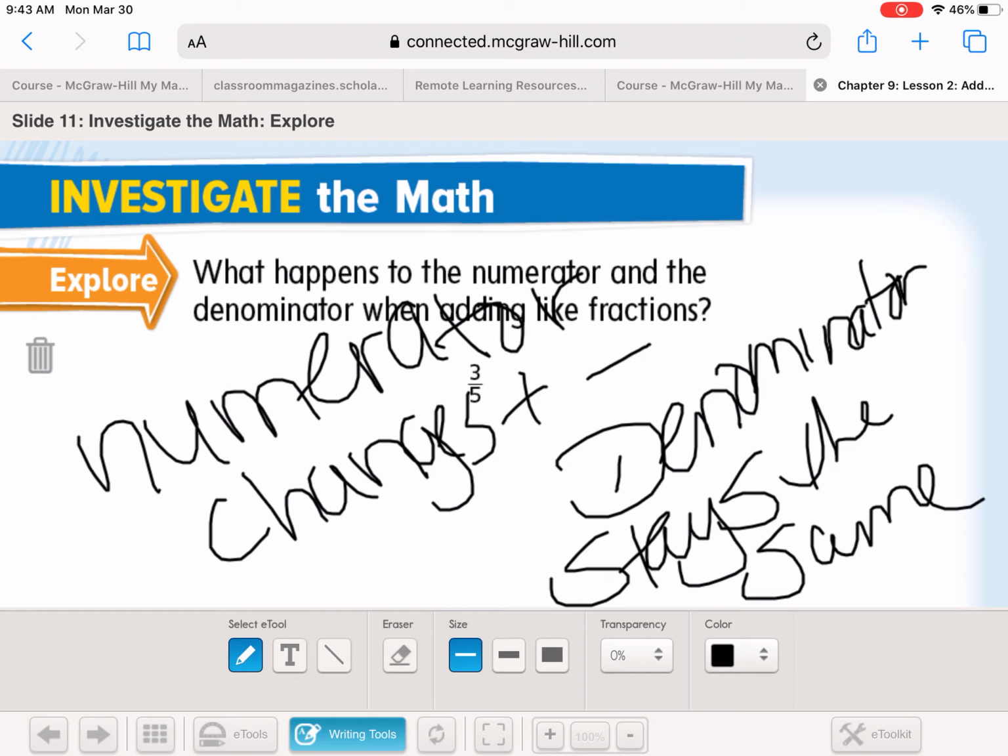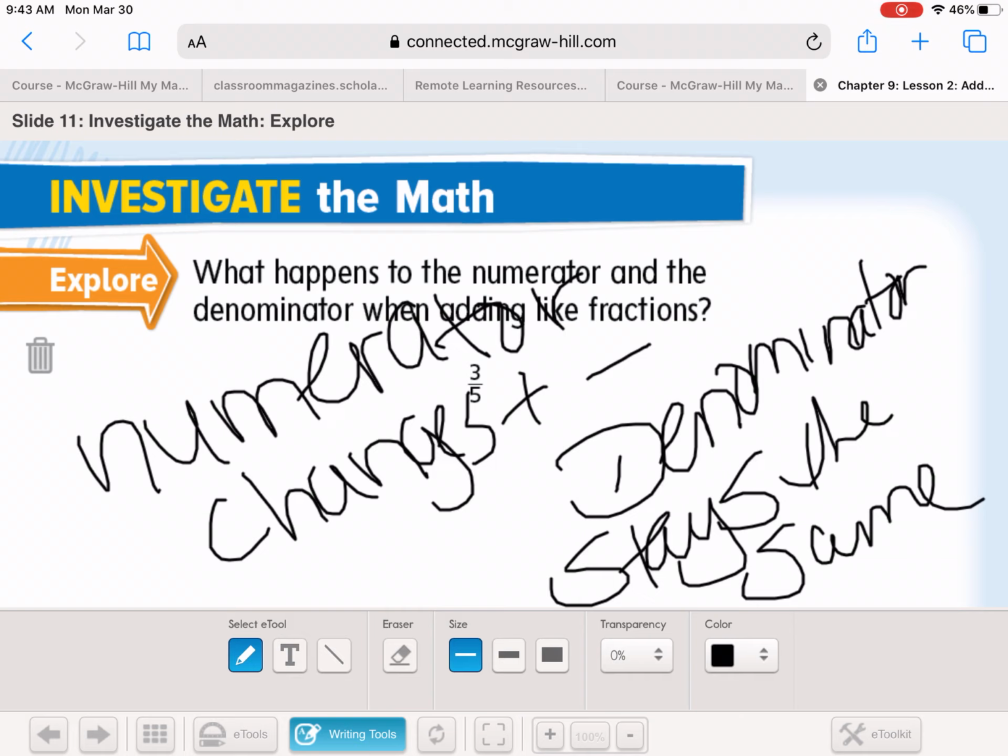It never, ever changes. I still think about that one that I did wrong a couple lessons ago, where I added the thirds when I shouldn't have. So clearly I'm not getting over that. That's the thing about denominators.